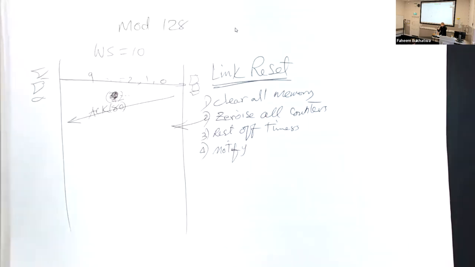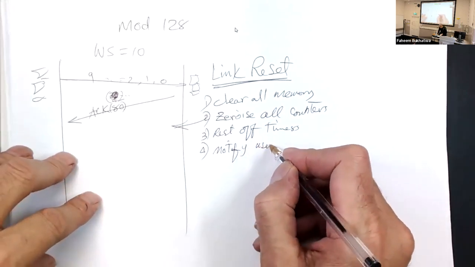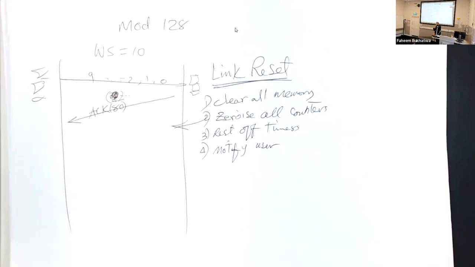So if the network layer was transmitting something, it will have to tell the user up at the top. But we tell higher levels, notify the user. Because our user is really the network layer, if we're at the data link layer. But this protocol is also used at the network layer. That means it notifies the transport layer. This protocol is actually used also at the transport layer. I'm telling you, it's the most used protocol, sliding window protocol. So it's used at the transport layer, and that then will notify all users.